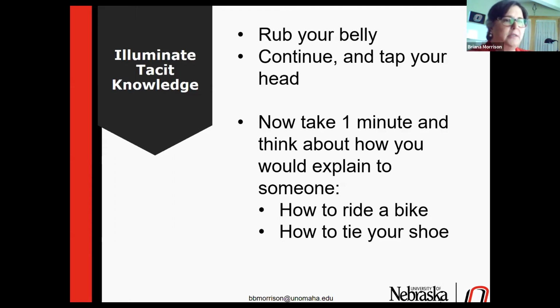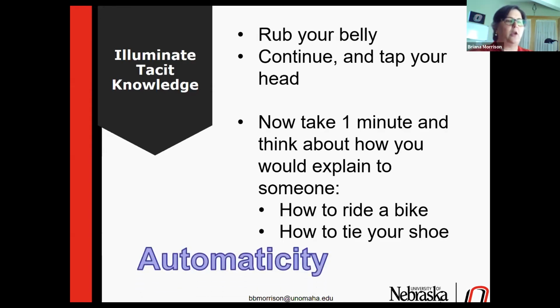Anyone who is a parent out there knows that these are 2 things that you typically try to teach a child, and it's probably 2 of the more difficult things that you have to do, right? Explain how you tie your shoe to someone. Typically, it's very difficult, and the reason is something that we call automaticity, right?